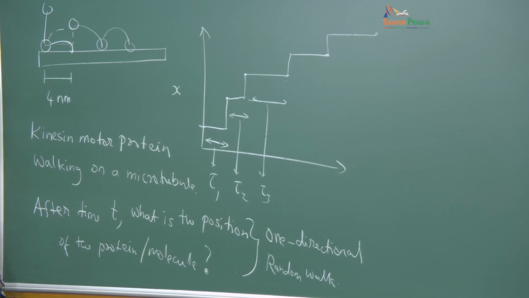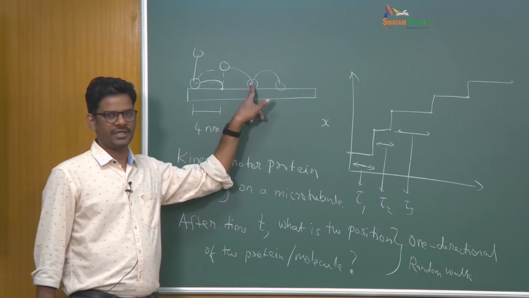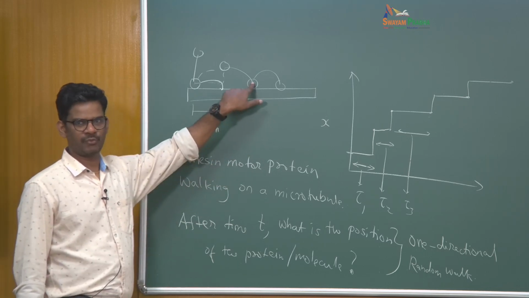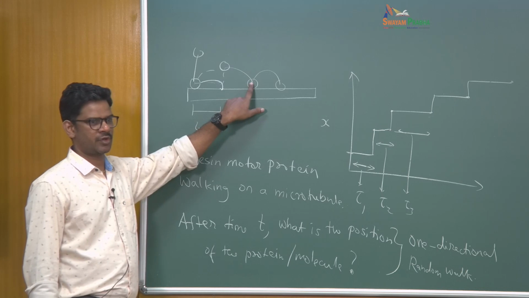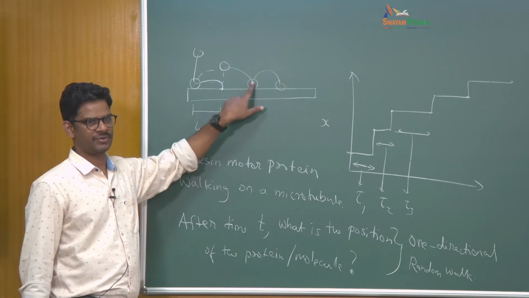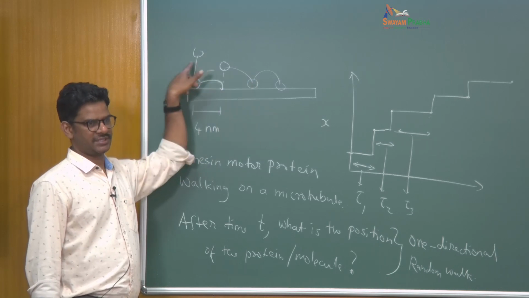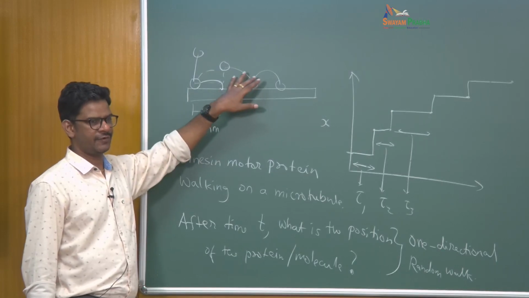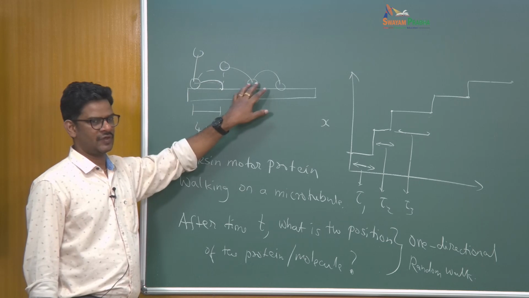Now again we have to justify whether it is a Markov process or not. If I am looking at the protein at point n, the likelihood that it will jump to the next step depends only on its current position, not on the past. It doesn't require any of its past history. It doesn't have any velocity to carry over.